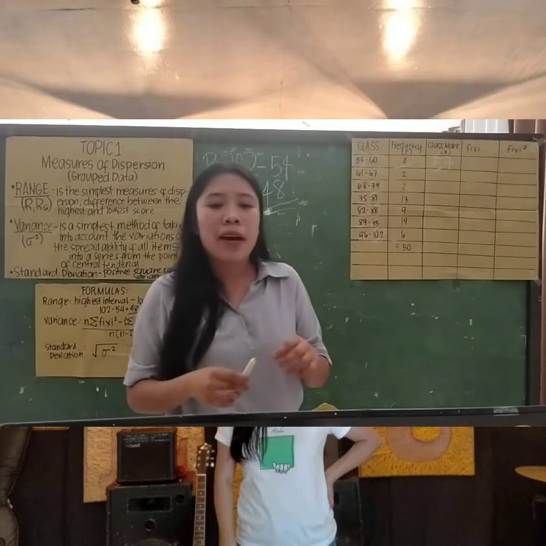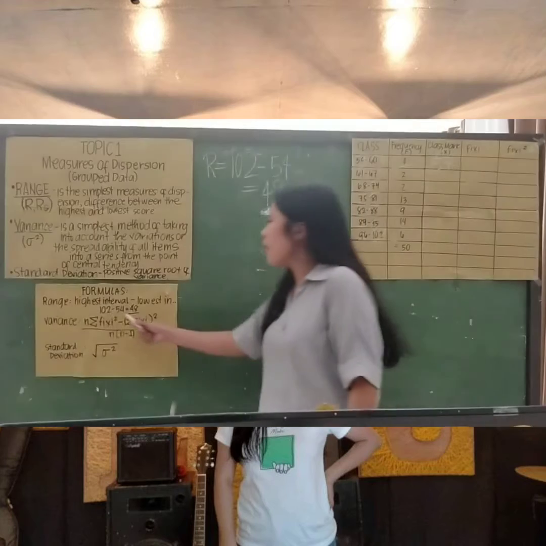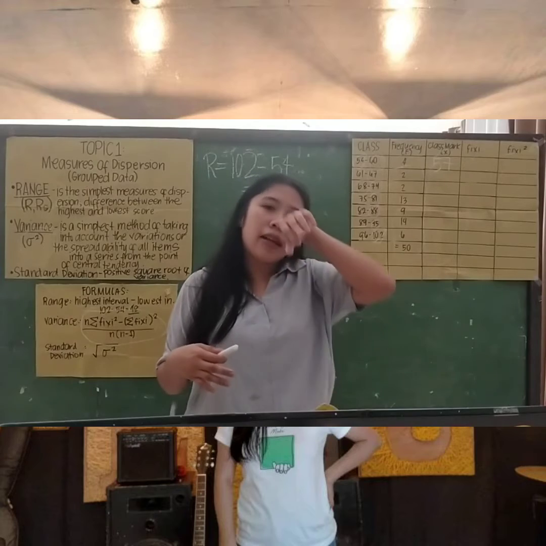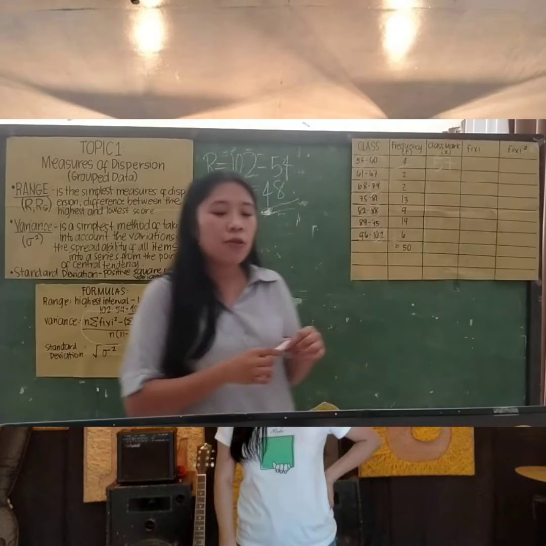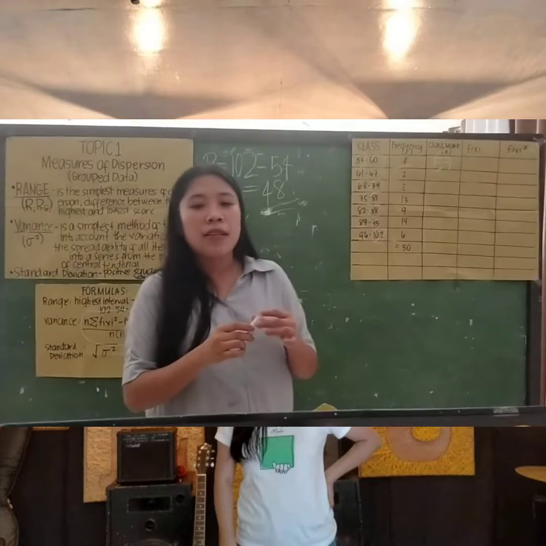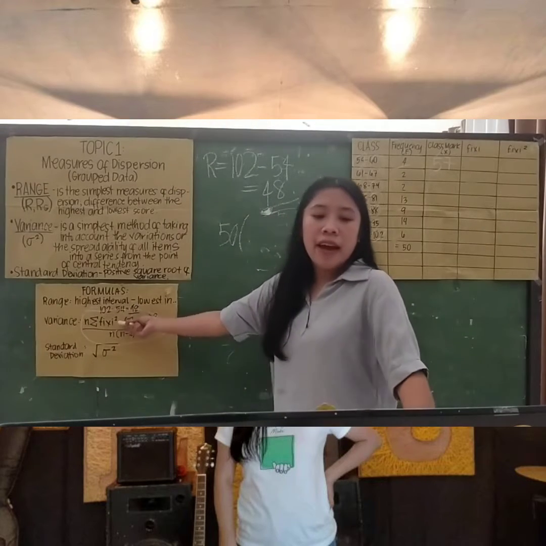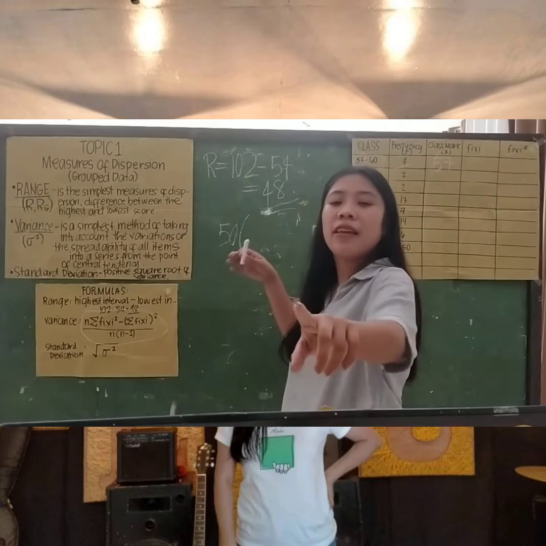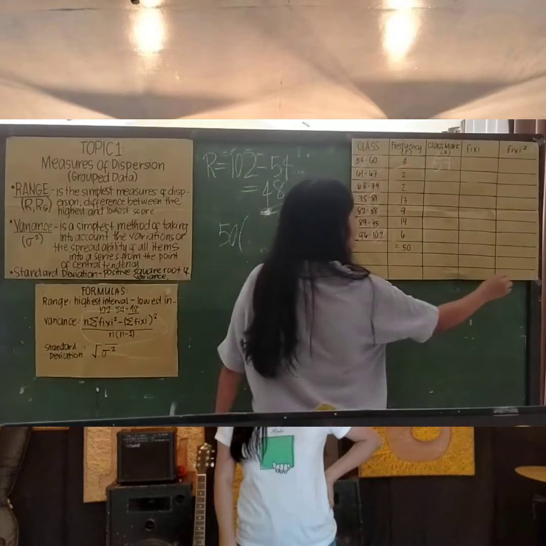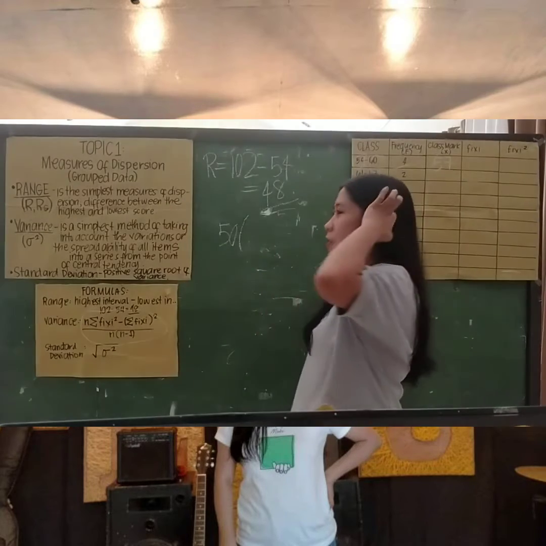And then sa variance naman, gagamitin natin itong formula na ito para makuha natin ang ating variance. So, ang gagawin natin substitute lang natin yung mga given. So, yung n natin ay yung 50, tapos summation ng ating fixi squared ay yung 352,689, which is yung naging sum ng fixi squared natin.